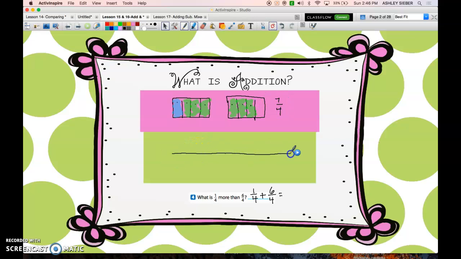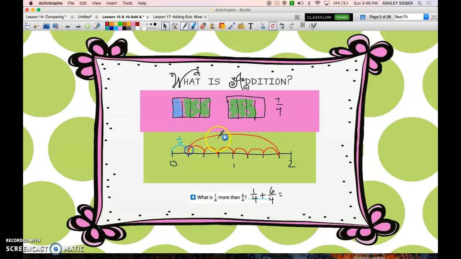On a number line, it would look like this. I know that 7/4 is bigger than one whole, and I can see I needed 2 wholes in my picture. Each whole is split into 4 parts. And I'm going to jump 1/4. And notice when I jump, I'm starting from where I landed on that second one. So this time I'm going to jump 6/4. 1, 2, 3, 4, 5, 6.